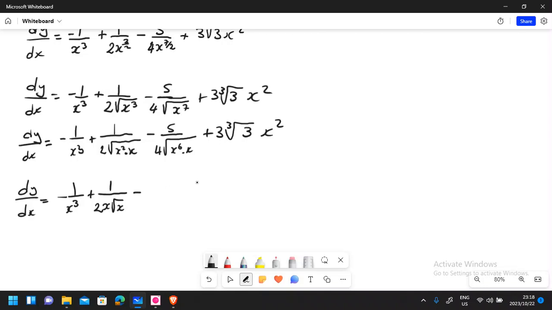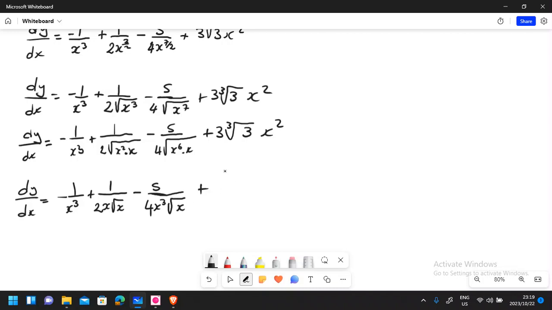Okay, and then we're gonna have 5 over 4, and then look at this. We have x to the power of 6 multiplied by x. What is the square root of x to the power of 6? It's x cubed, and then we're gonna be left with root x, and then plus.